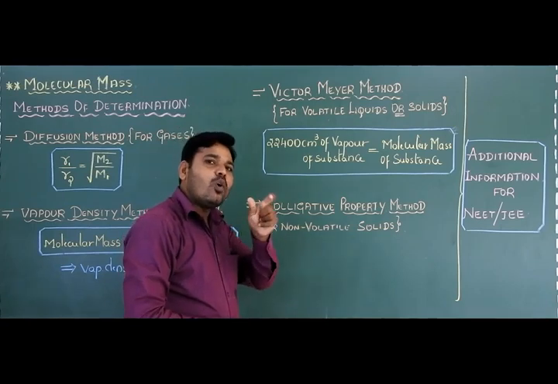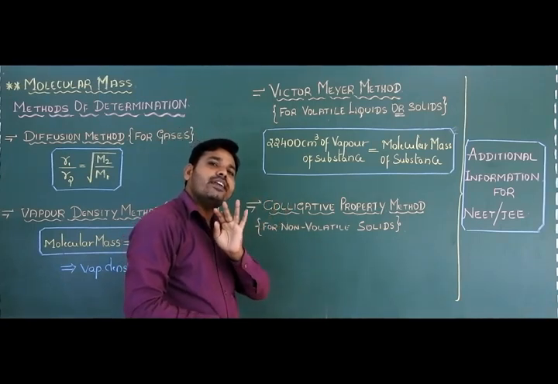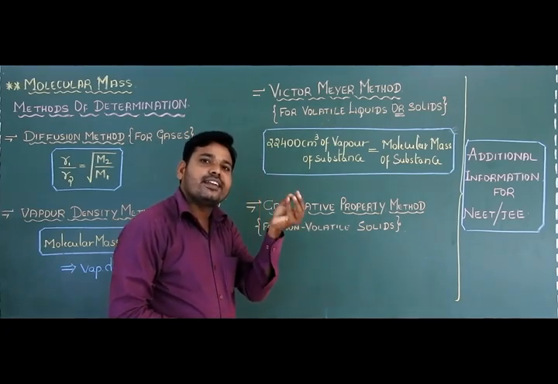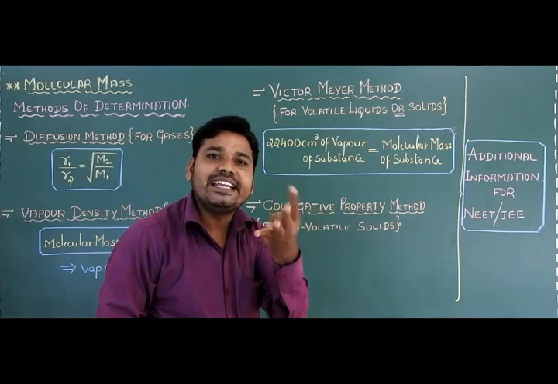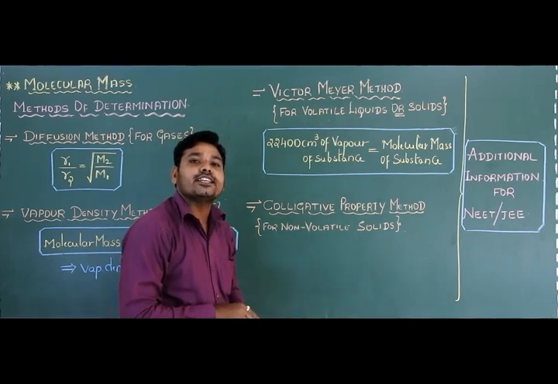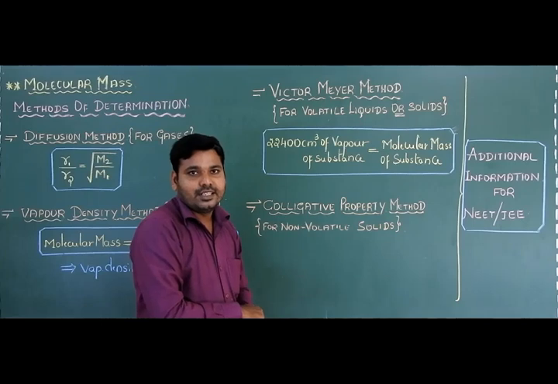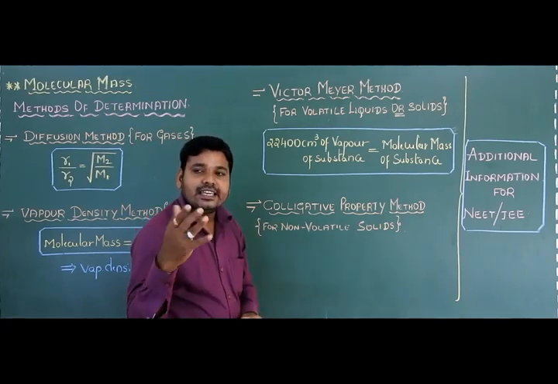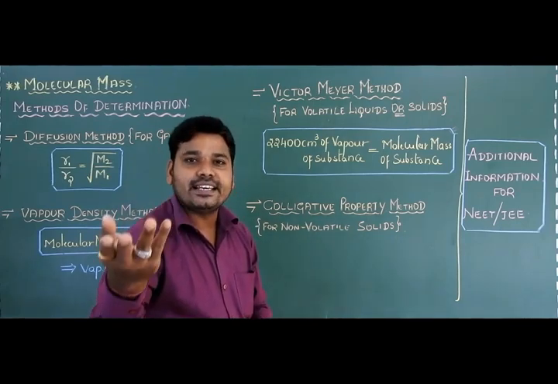See, equal volume, the standard volume is 22,400 centimeter cube or 22,400 milliliter or 22.4 liter or 22.4 decimeter cube. Please recall the volume concept. Look, 22,400 cm cube is equal to 22,400 milliliter.